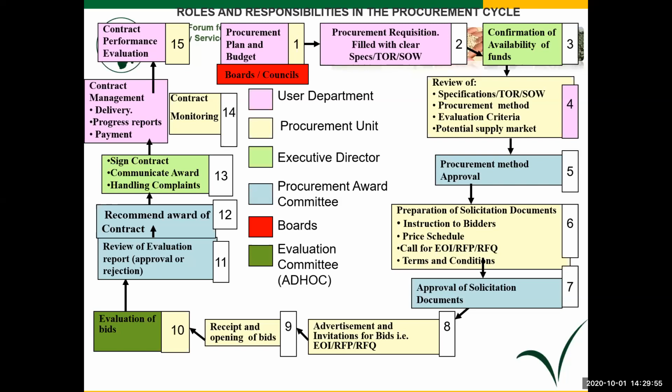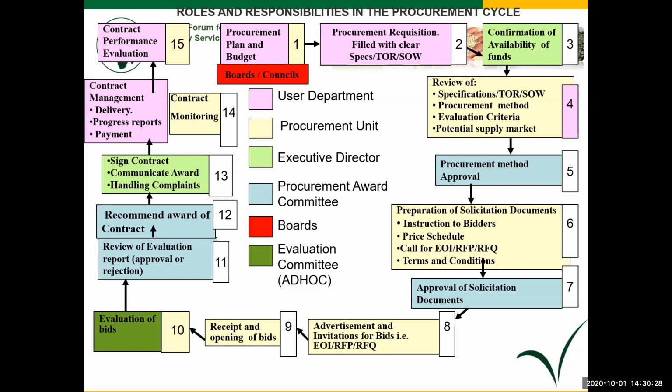Now, when you look at the cycle, it begins with the planning and budgeting, responsibility of the user. Stage two goes to making the specifications, the terms of reference, and so on, a responsibility of the user. When we go to step three, you have raised your requisition, you have submitted it for approval or to confirm availability of funds.